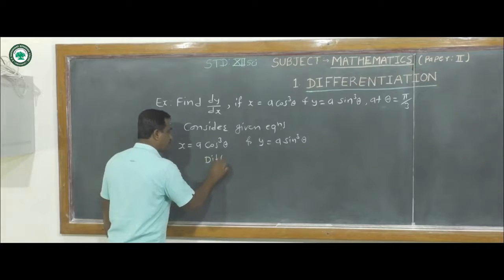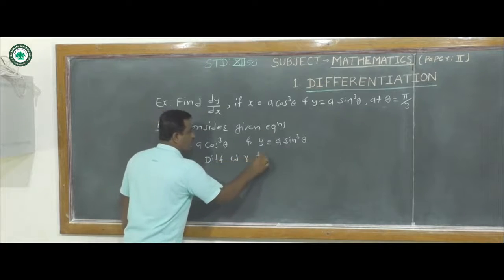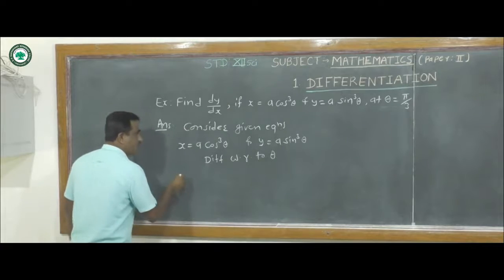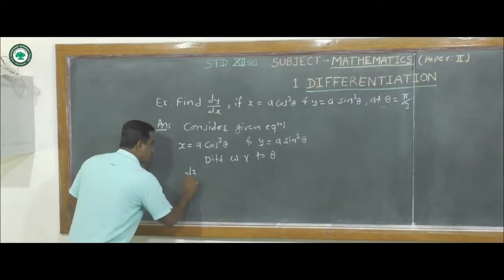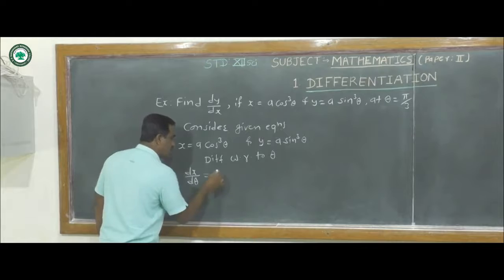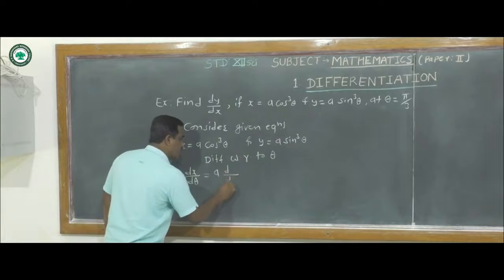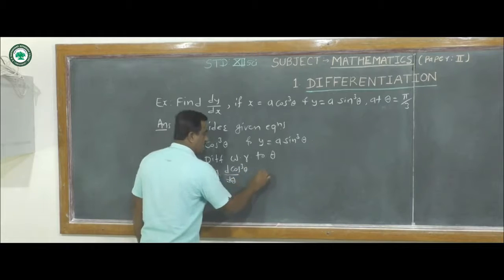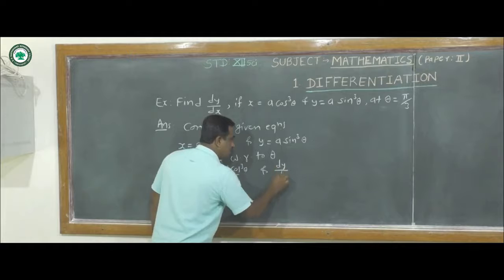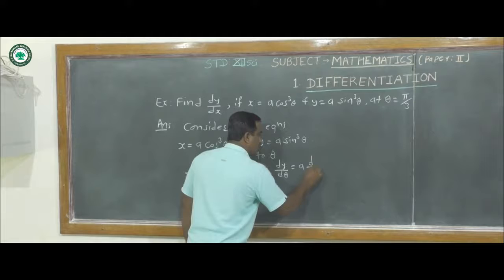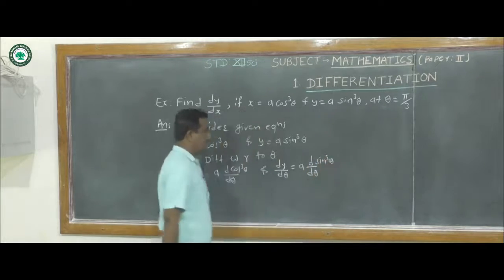Therefore, the derivative of x with respect to theta is dx by d theta equal to a, a is a constant term, keep as it is, into the derivative of cos cube theta with respect to theta, and here also the derivative of y, dy by d theta equal to a, a constant term, into the derivative of sin cube theta with respect to theta.